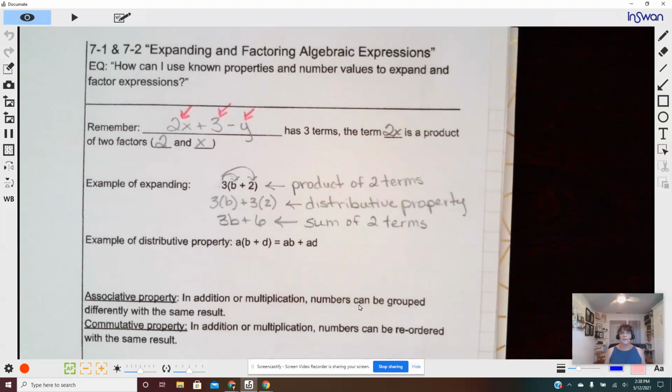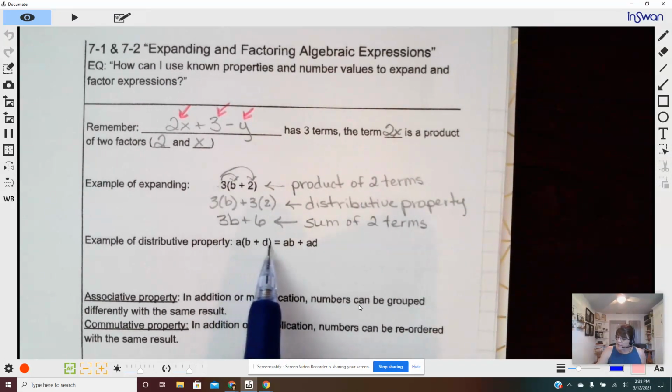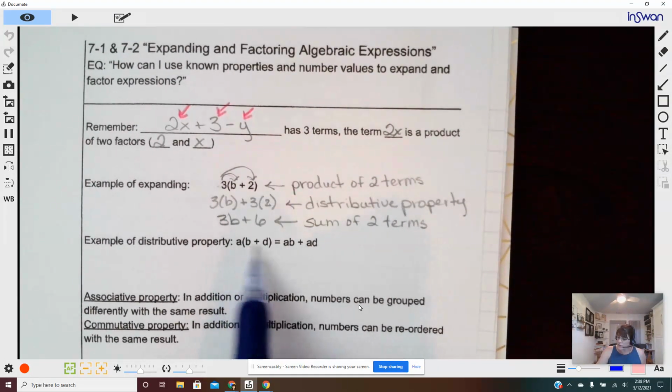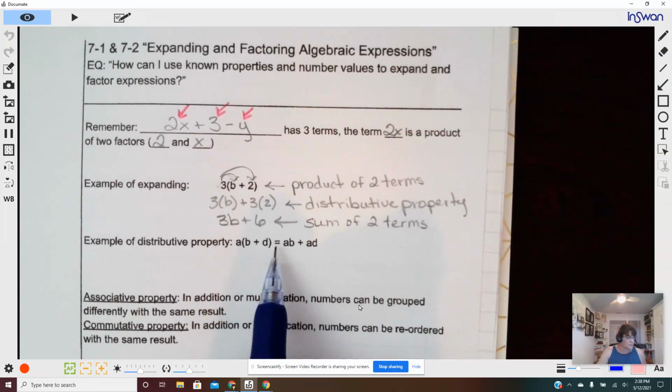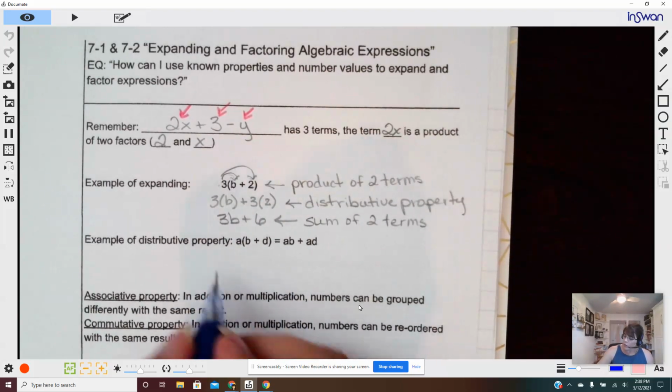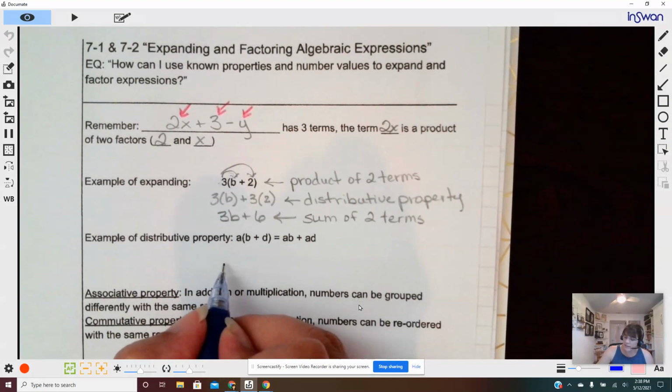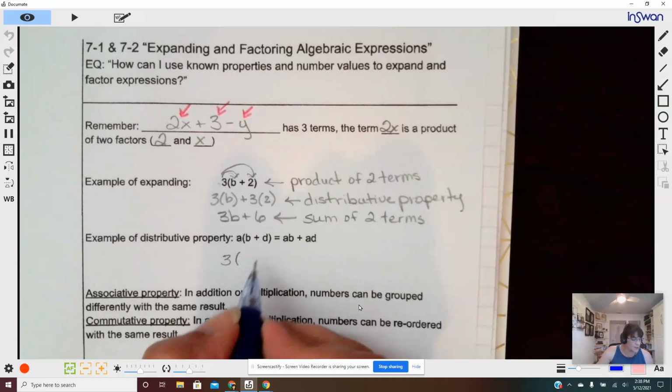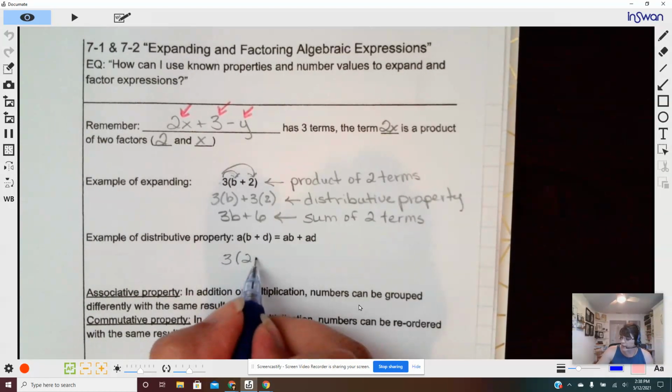Well, how would this work with numbers? So here it is again with letters. These are equivalent expressions. That's why they have an equal sign between them. What if I had an expression that looked like this? 3 times the quantity 2 minus 7.